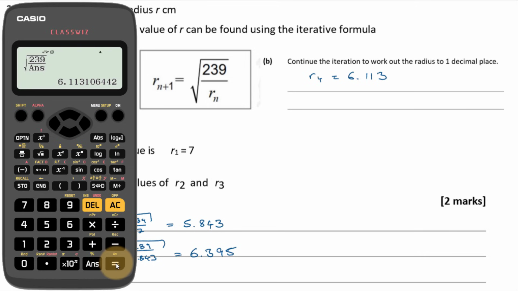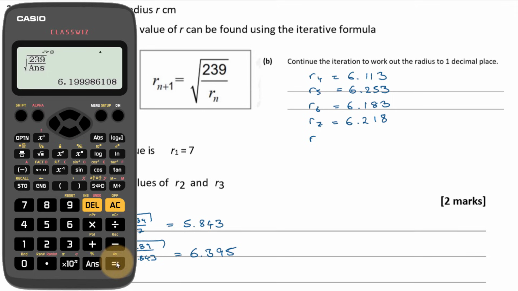So then the next one, R5, is equal to 6.253, and then R6 equals 6.183. Still jumping around a little bit, so wait until it settles down. R7 equals 6.218. Still bobbling between 1 and 2.